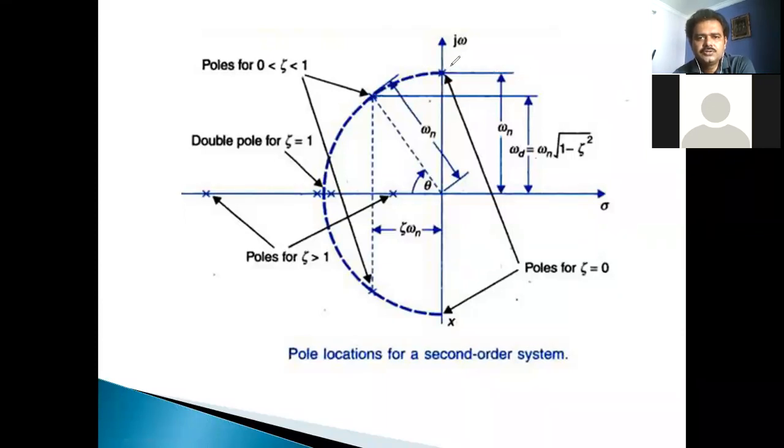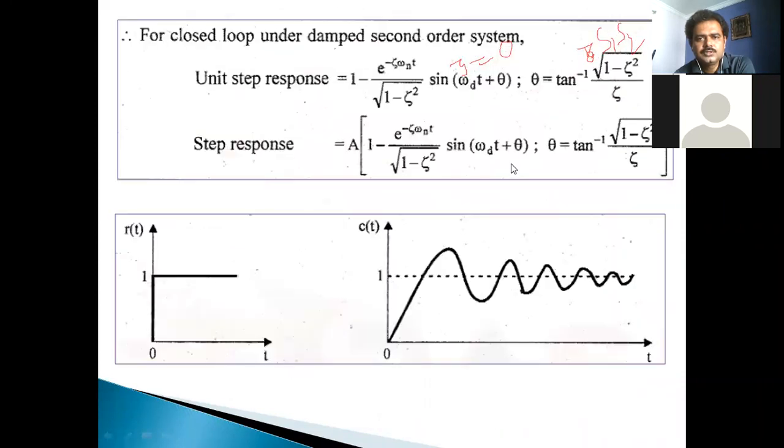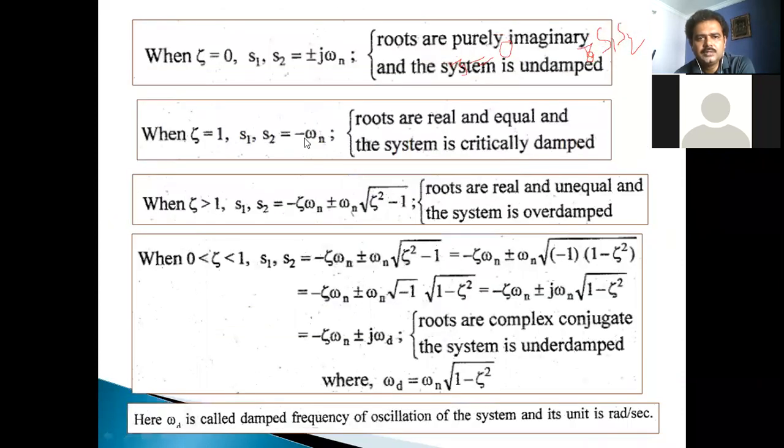When zeta is equal to 0, the poles, that means the roots S1 and S2, as I told at the beginning, have no real part, only purely imaginary roots.